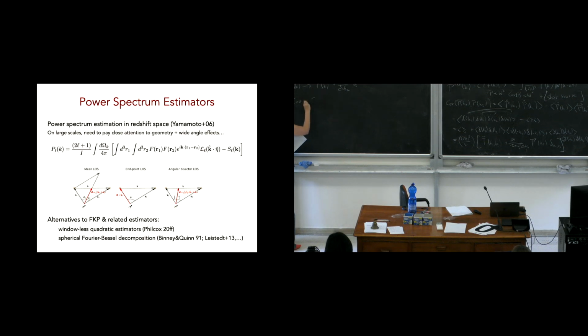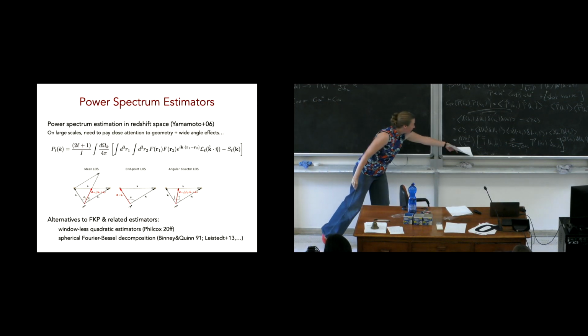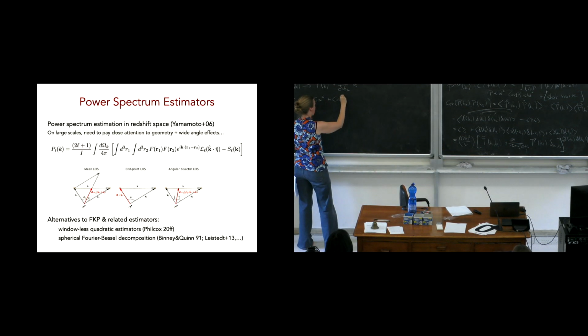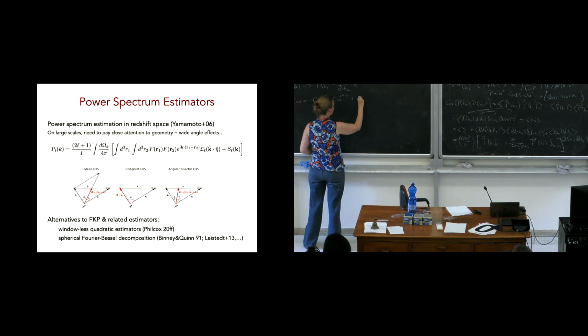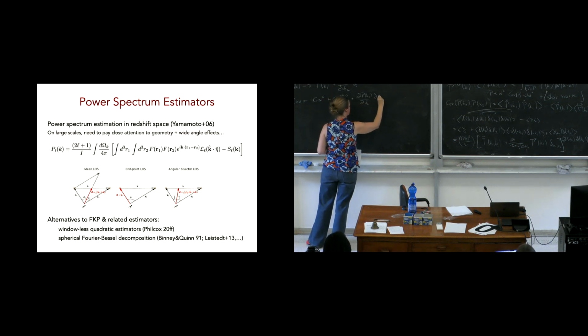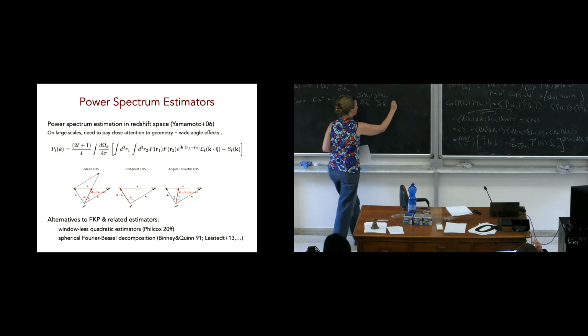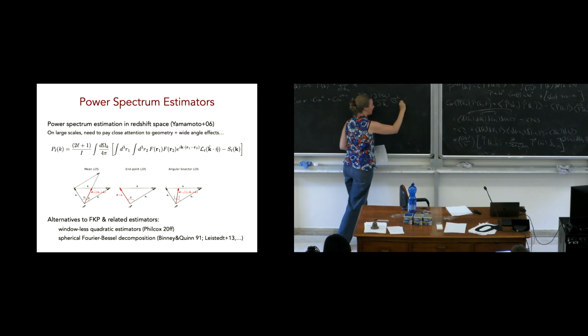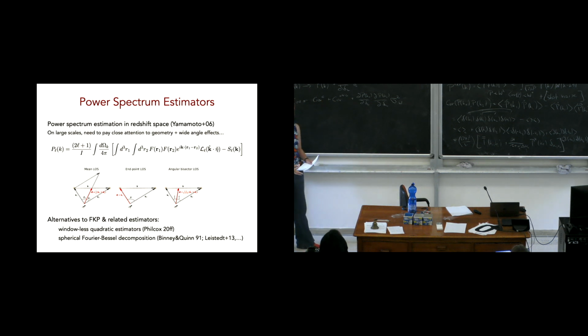So at that point, we will have our standard Gaussian covariance plus the connected non-Gaussian term here, plus something that looks like the variance of the density field over the survey window.